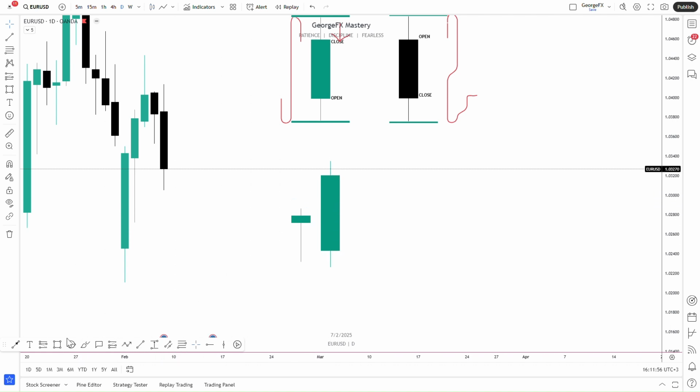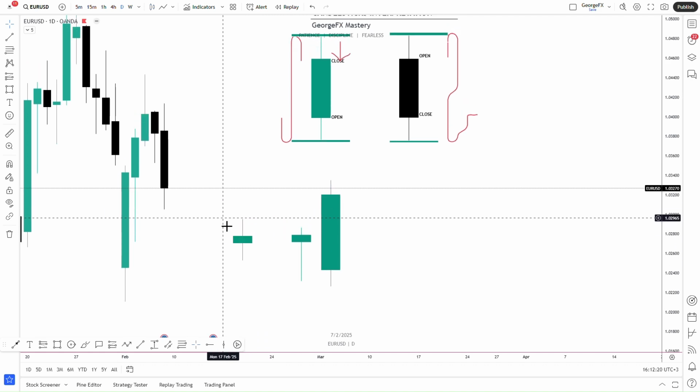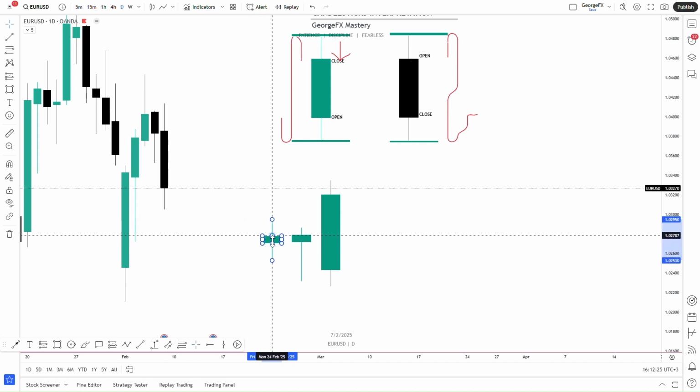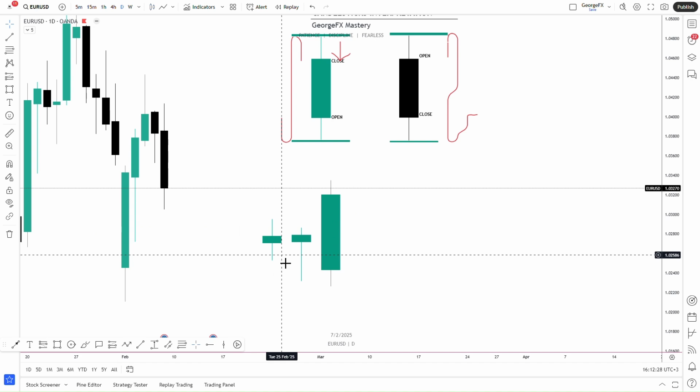Of course, you're also going to be seeing a candlestick that looks like this, and for this particular case price has an upper wick and a lower wick that are equally the same, the height of the upper wick and the height of the lower wick look the same. So this one means both the buyers and the sellers are equally strong and could show some indecision in the market.